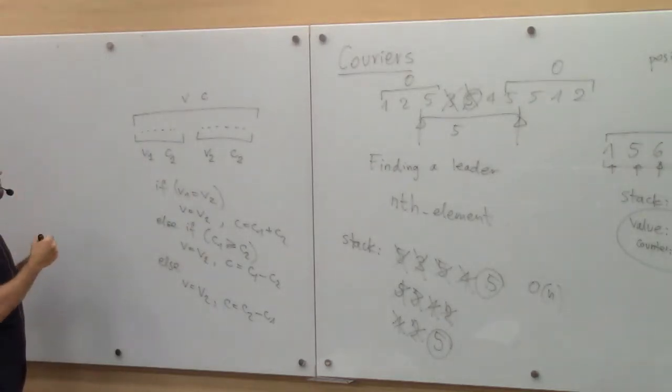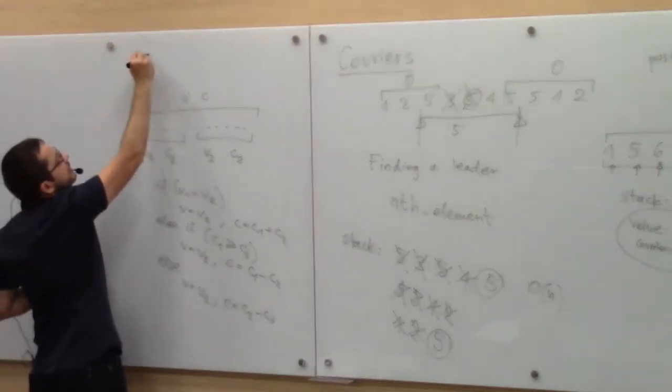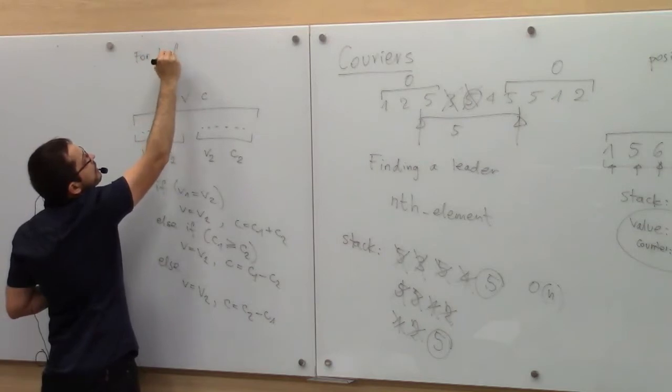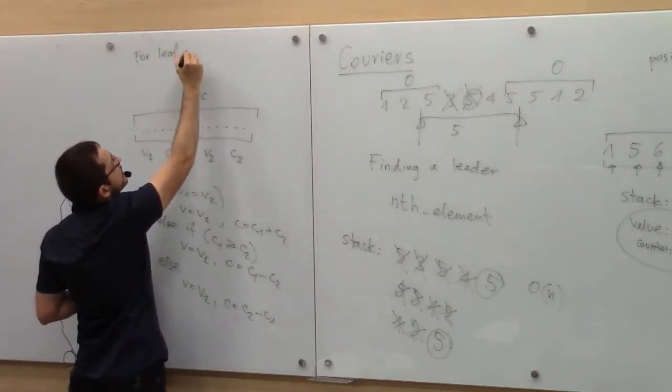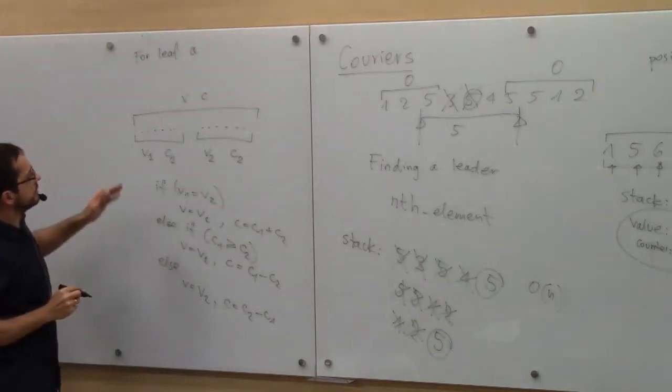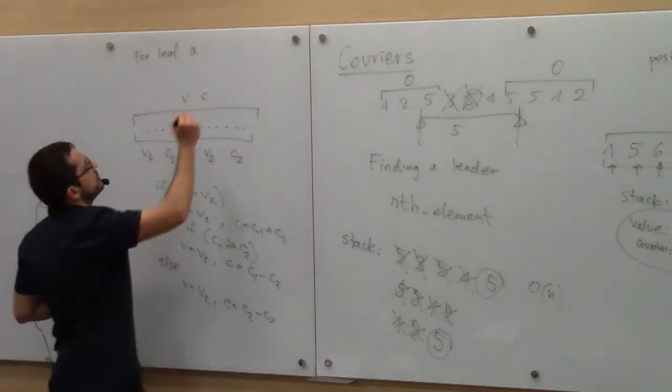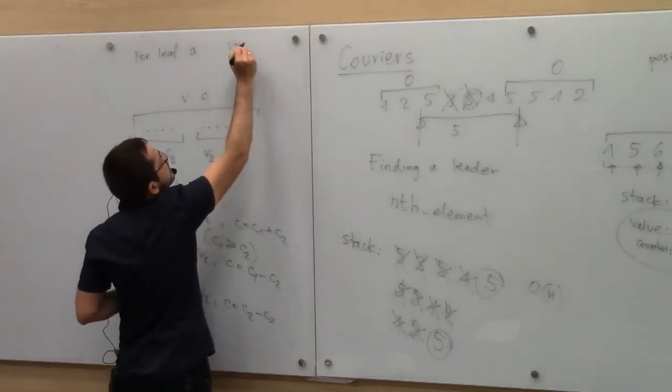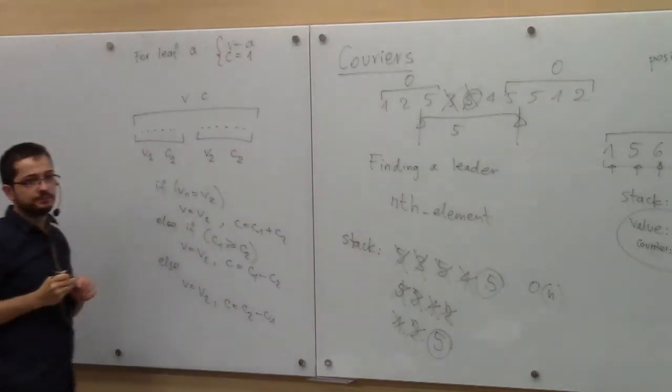So for leaves, if a leaf has element A, we know that for this leaf the pair V, C will be just V is equal to A and counter is equal to 1.